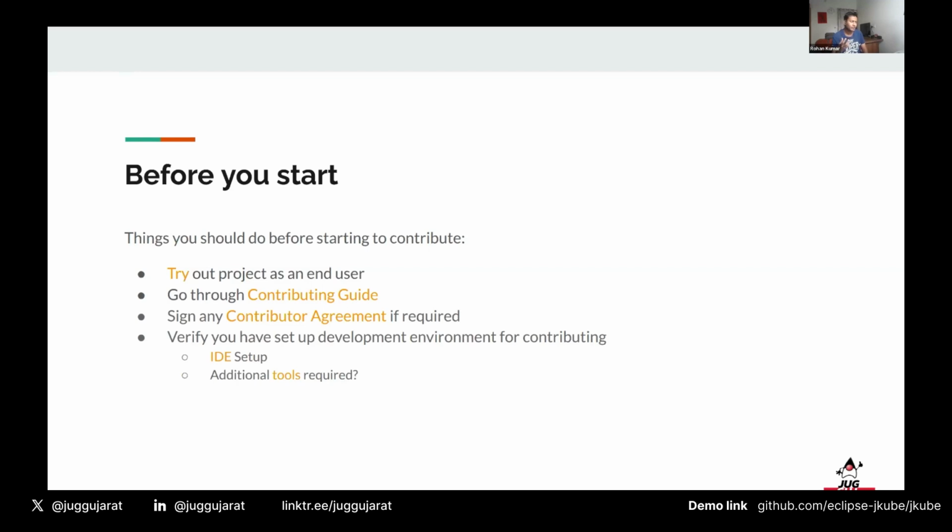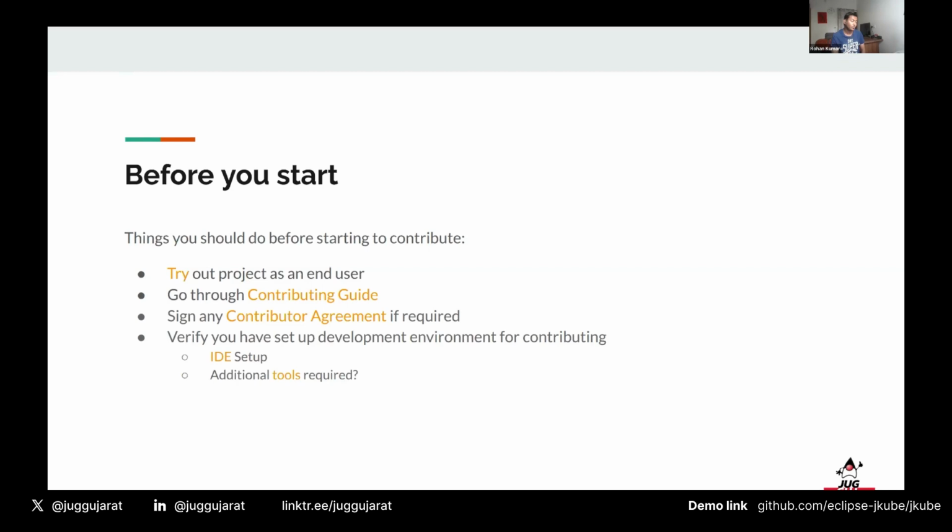You go through that file and check if there are any license agreements that you need to sign before contributing to the project, because lots of organizations, Apache, Eclipse, require contributor license agreements that you need to sign in order to contribute. Otherwise, it's going to be difficult for the organization to accept your changes. So just check what the prerequisites of contributing to the project are.